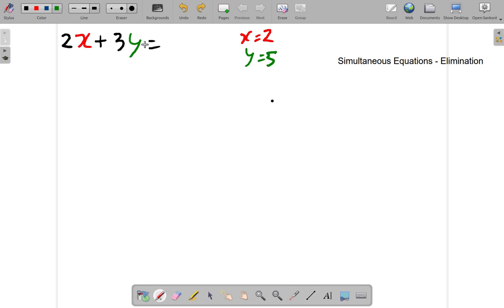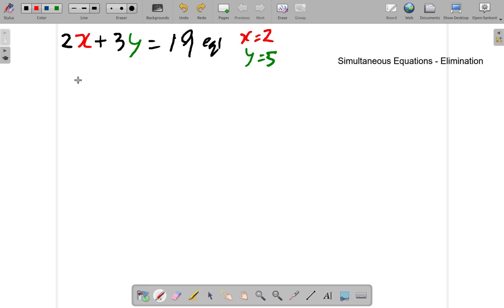This would be 2 times x, 2 2's 4 plus 3y, 3 5's 15. 15 and 4 is 19. So this would be 19. Okay. So that's our first equation. Let's call this equation 1, EQ1.